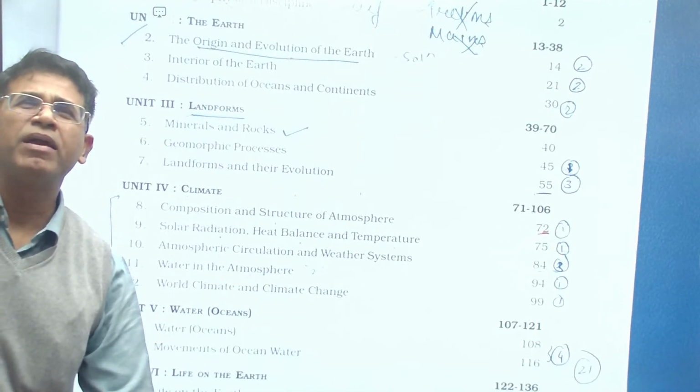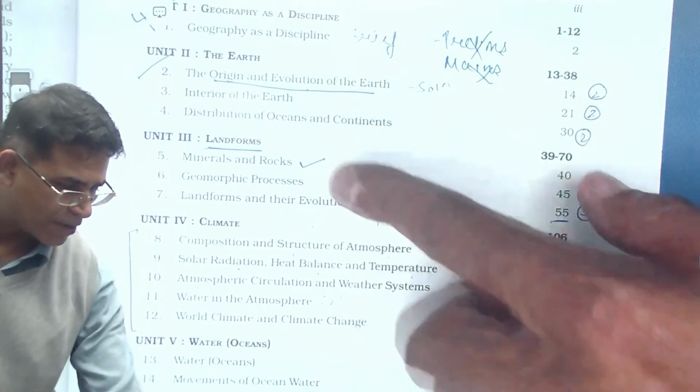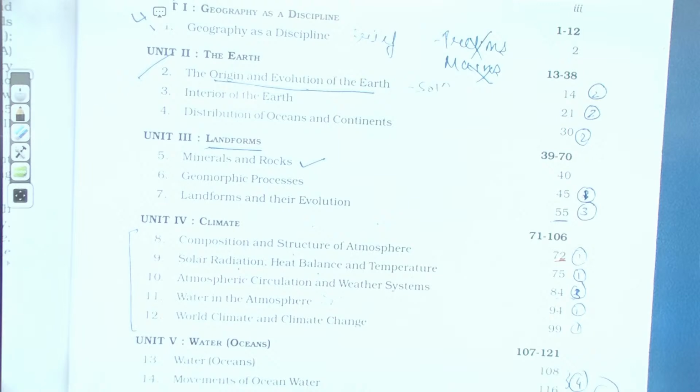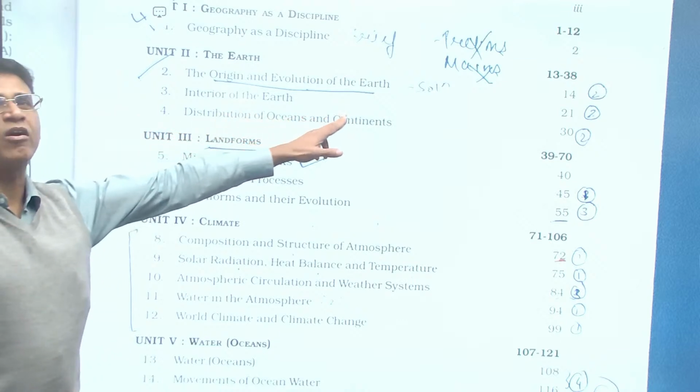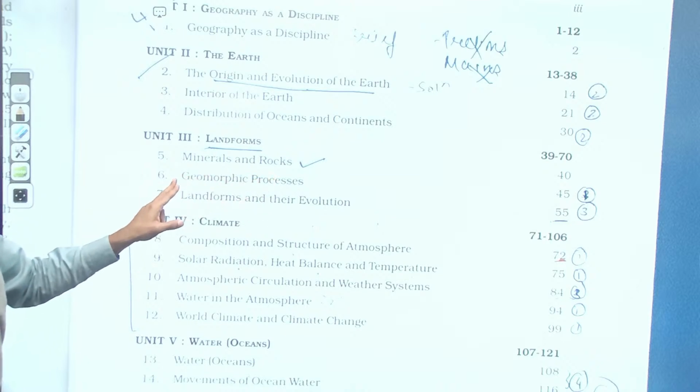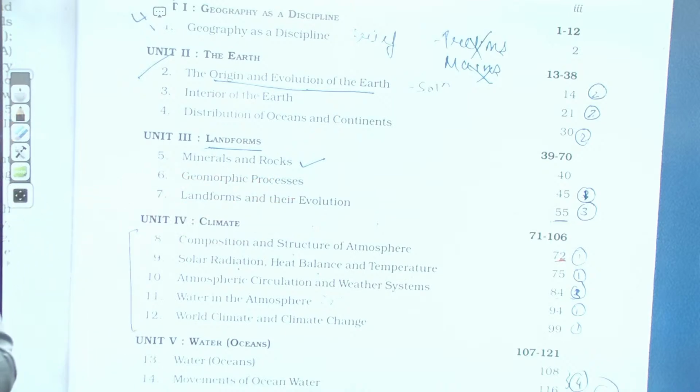But I want you to read chapters 2, 3, 4, 5, 6 and 7: The Origin and Evolution of the Earth, Interior of the Earth, Distribution of Oceans and Continents, Minerals and Rocks, Geomorphic Processes, Landforms and their Evolution. These are 6 chapters, 2 to 7.